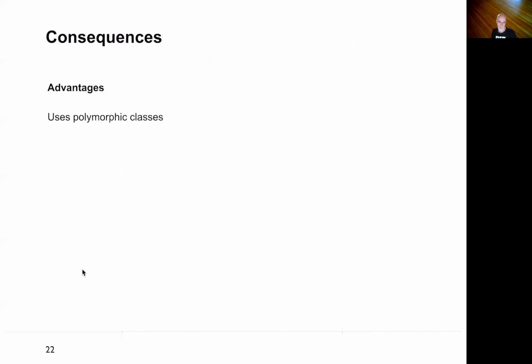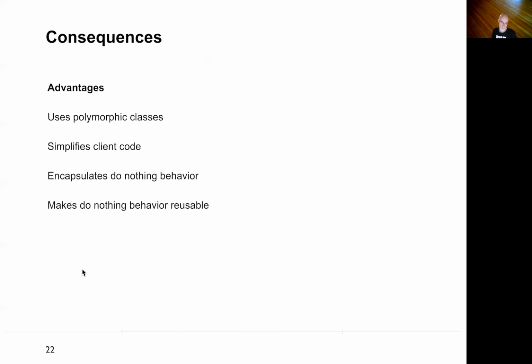Advantages. We're using polymorphic classes instead of checking for null. It can simplify the client code, because now the client doesn't ask whether that thing is null or not. We just send messages. We can use that null object elsewhere if appropriate, enforcing the encapsulation of what we want to do.